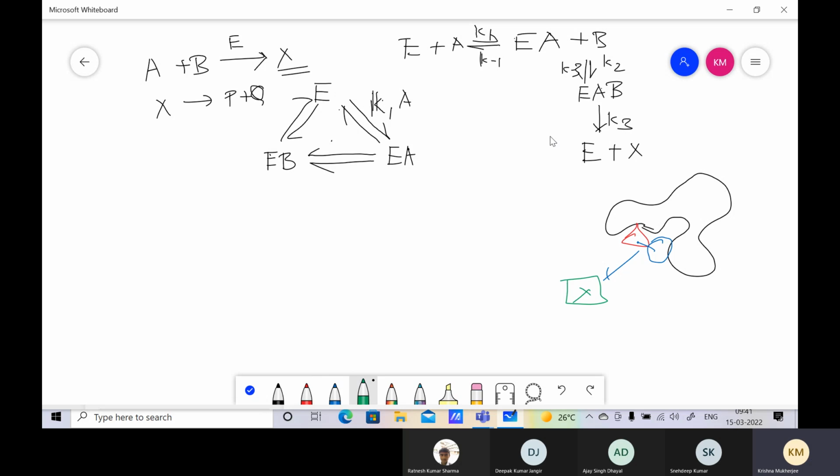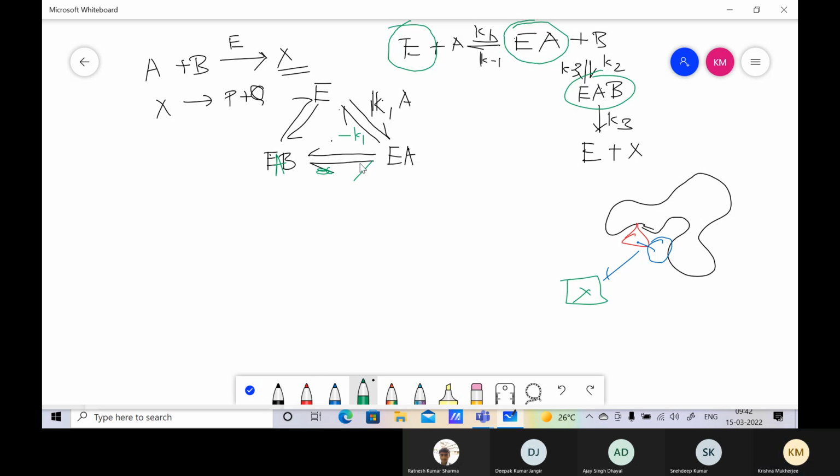Is this all right? So now this is K1A, this is minus K1, this is EAB. I hope you realize that this is E, this is EA, and this is EAB. So this is EAB. Sorry, we have to reverse the A, right? So this is plus B. So this is EAB.